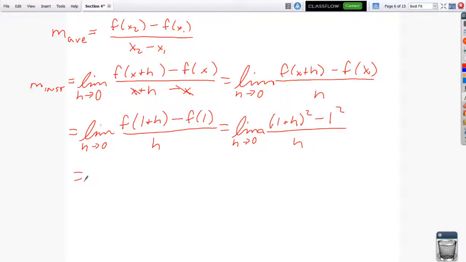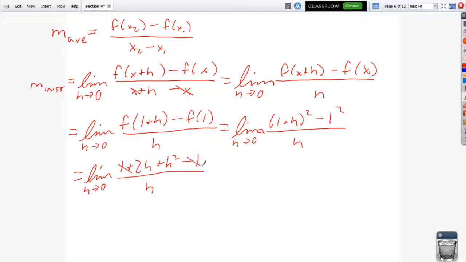So, limit as h approaches 0 of 1 plus h squared, so we have the first term squared would be 1 plus 2 times 1 times h, so plus 2h plus h squared minus 1 squared gives me 1, all over h. And hopefully some magic's going to happen.